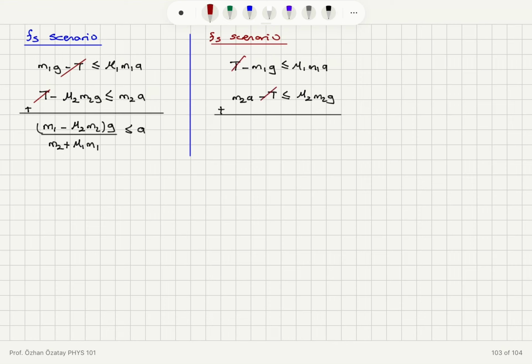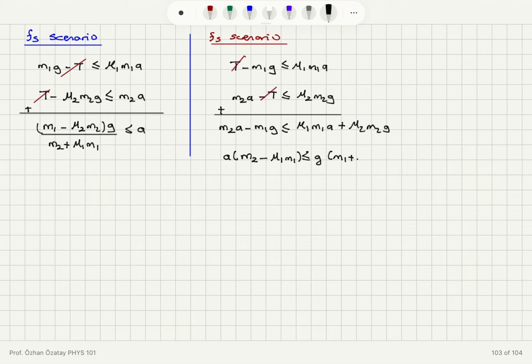the tensions will cancel, and I will find that M2A minus M1G is less or equal to mu1 M1A plus mu2 M2G. So A times (M2 minus mu1 M1) is less or equal to G times (M1 plus mu2 M2).